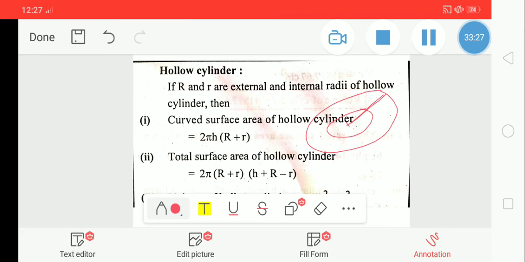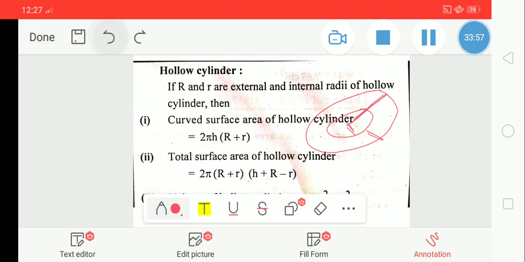Outer radius of a cylinder is capital R, and inner side it is small r, and here some thickness, so that way there are 2 radii, capital R and small r. So capital R and small r are the external and internal radius of a whole cylinder.